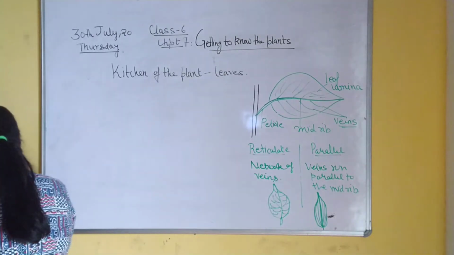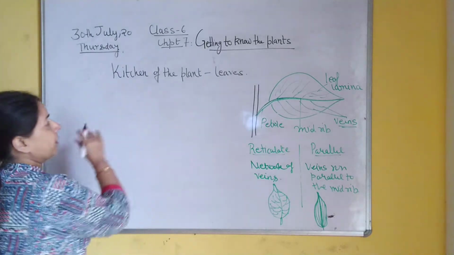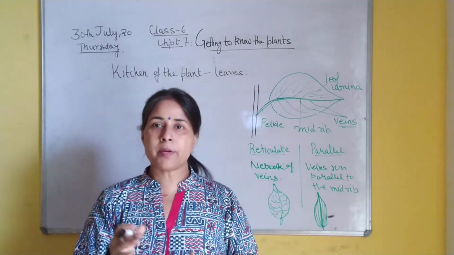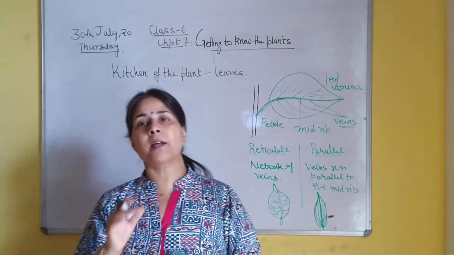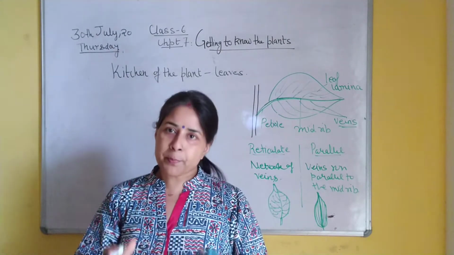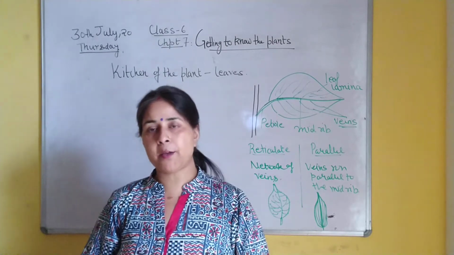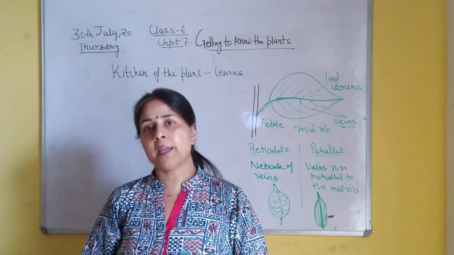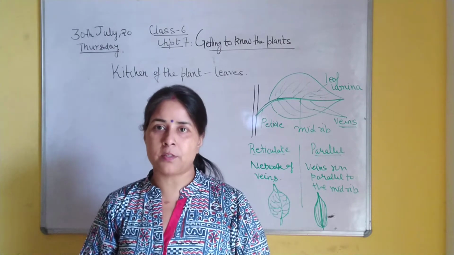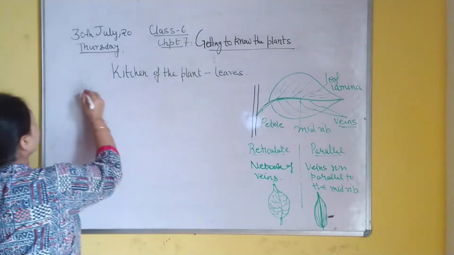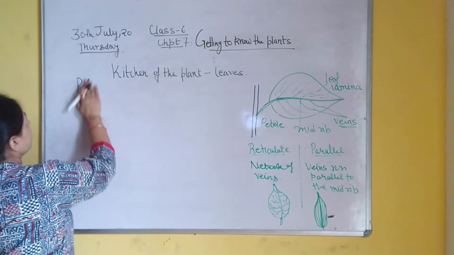The process by which the green leaves prepare food with the help of carbon dioxide and water is known as photosynthesis. So leaves prepare food by photosynthesis.